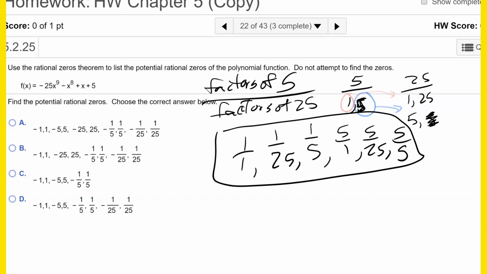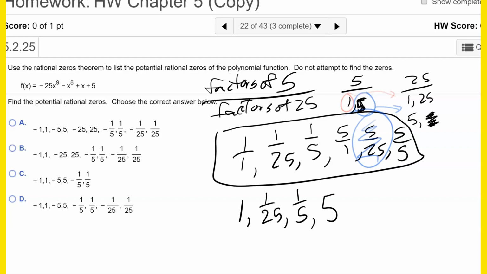So there they are, but I need to clean that up. Okay, 1 over 1 is just the same thing as 1. And then 1 over 25. And then 1 over 5. And then 5 over 1 is just the same thing as 5. What about 5 over 25? Well, that reduces to 1/5.